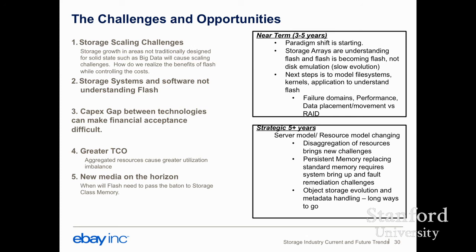And also number 5 there, the new medias on horizon. That's something we're very excited about, something that we have some traction with, some companies in the industry that are working hard: Nantero, one of them, Crossbar, another one, and HP. We're really hopeful to see some products come out, and also very interested in the 3D solutions, 3D NAND solutions, and so on and so forth.